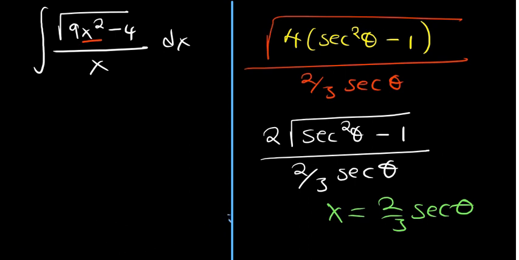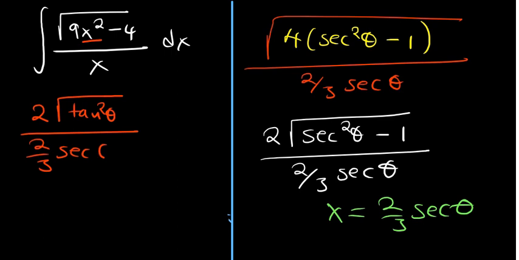So we can have 2 now, 2, and then secant square of theta minus a 1, I've said that's an identity. So that is basically equal to tan square of theta. So we have root of tan square of theta. Okay, and then we are dividing by 2 over 3 secant of theta, right? So if you bring back our integral, we're integrating this in respect to what?